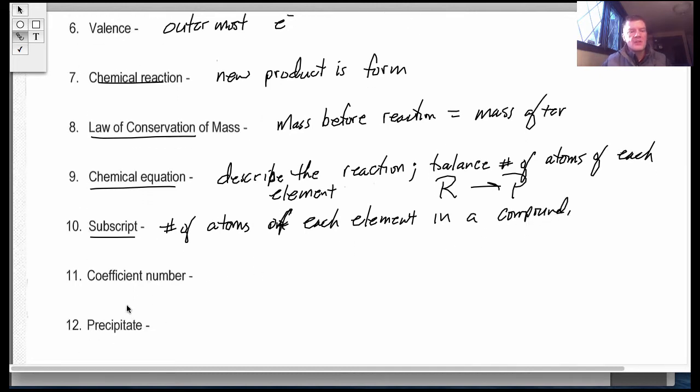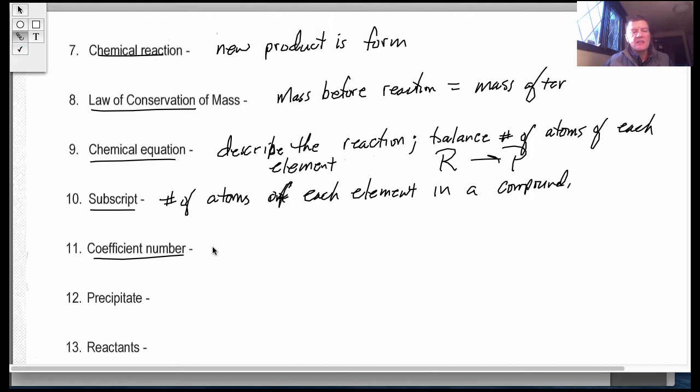Okay? The coefficient number is telling us the number of molecules, or let's say compounds. Number of compounds or molecules in the reaction.